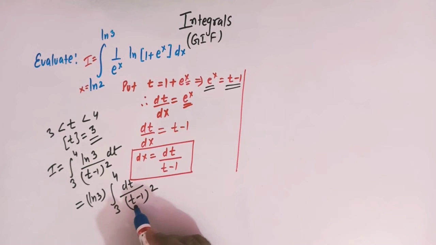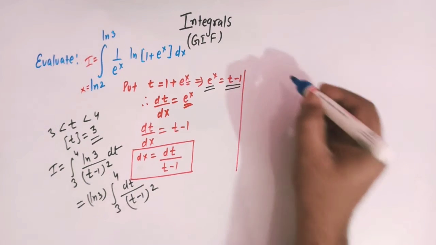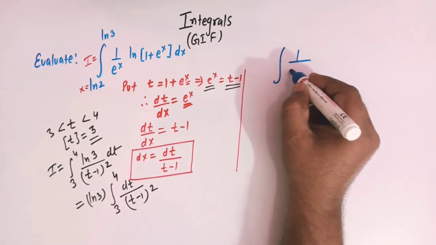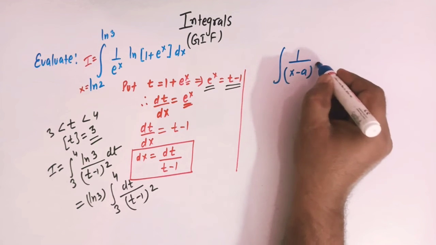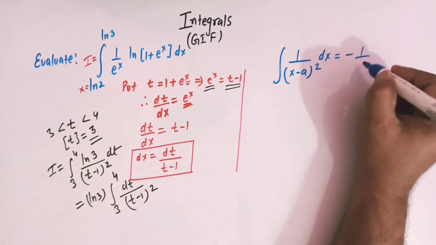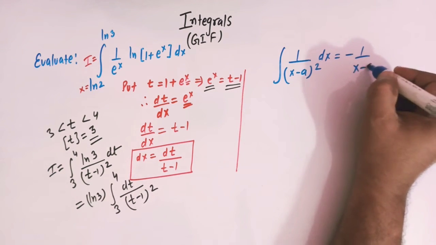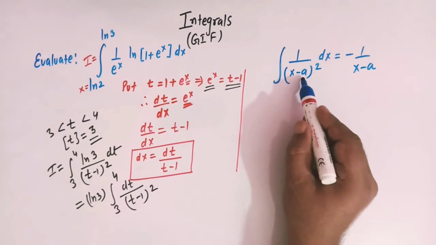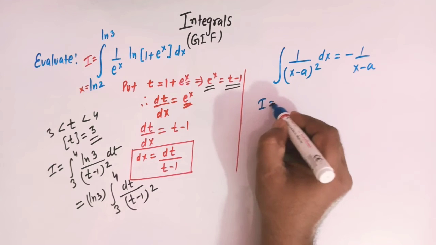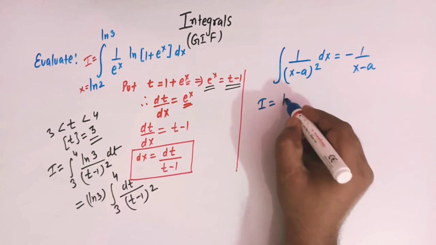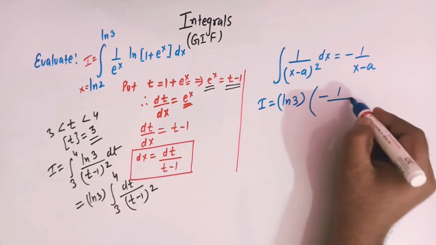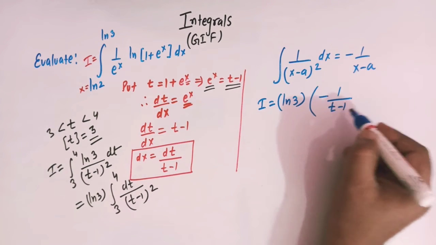Now we have a very simple integral, and we know that the integral of 1 over x minus a whole square dx is always equal to negative of 1 over x minus a. So we'll apply this formula here. So integral I becomes ln 3 times negative 1 over t minus 1.